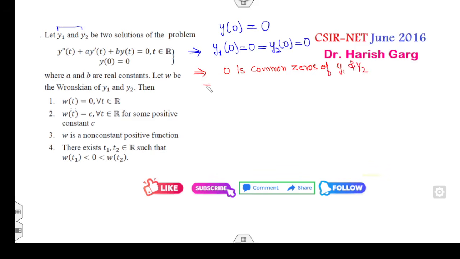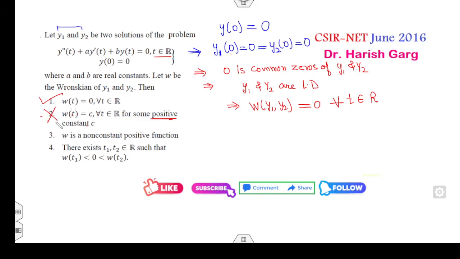What is the meaning of common zeros? That means y1 and y2 are linearly dependent, and once they are LD, you can say the Wronskian of y1 and y2 is 0 for all x, or for all t. Here the talk is about t. Then for all t in R, 0 must belong to R, and it does. That means the Wronskian is 0 for all t. Yes, the Wronskian is C, and C is some positive constant. If positive was not written here, then it may be possible to be true.